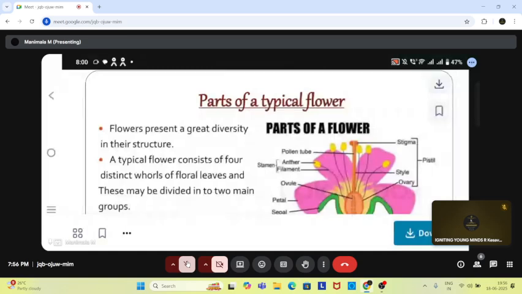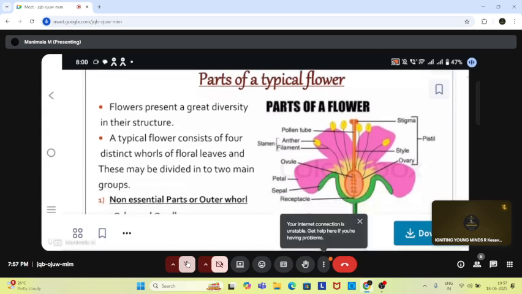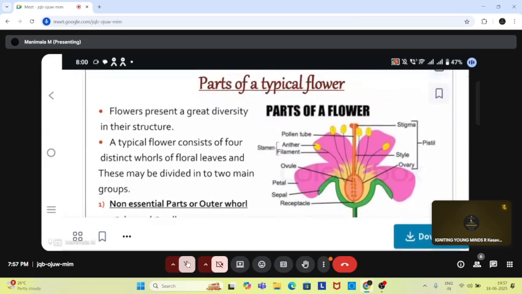Here we are going to see how flowers are involved in reproduction. Before that, the parts of a typical flower. I will not explain much here. The flower has two main parts: the essential parts and the non-essential parts.